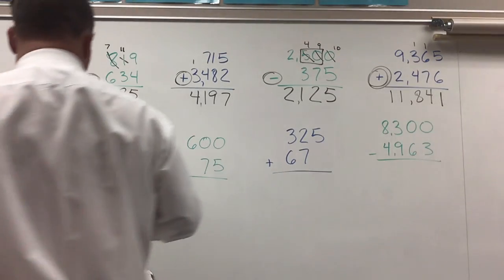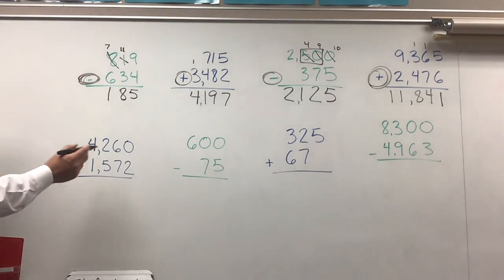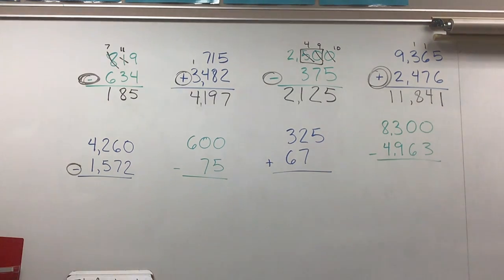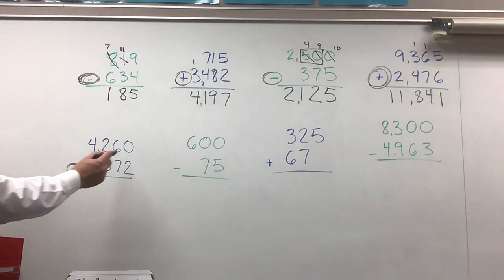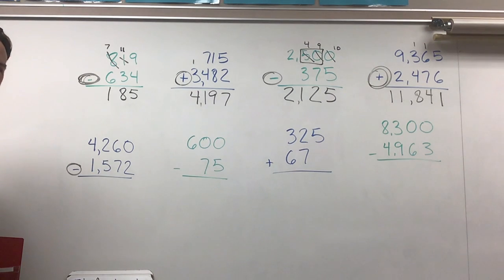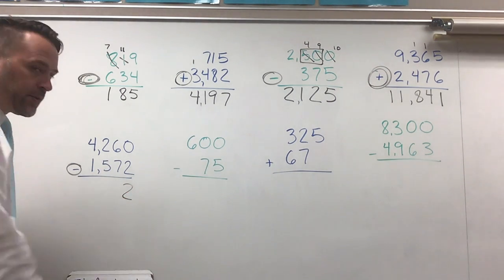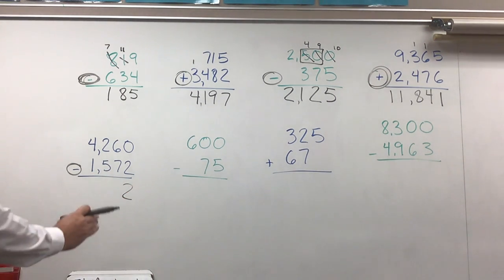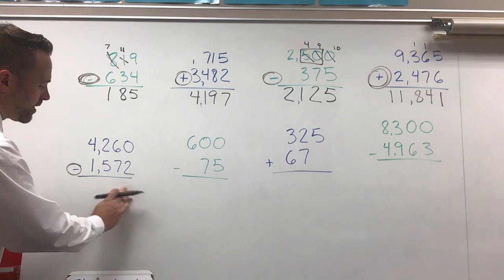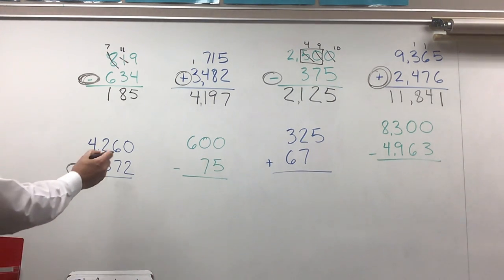Okay? All right. Looks like we're going to subtract here. I'm going to circle that minus sign. 0, take away 2. 2, right guys? No, there's nothing there. I can't subtract that. I'm going to have to go over and regroup.